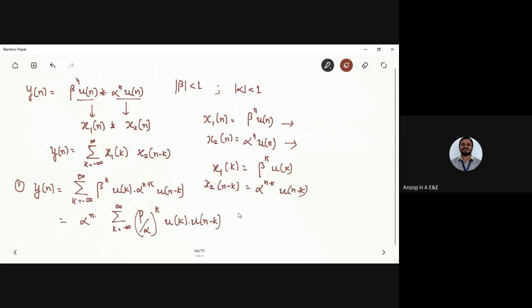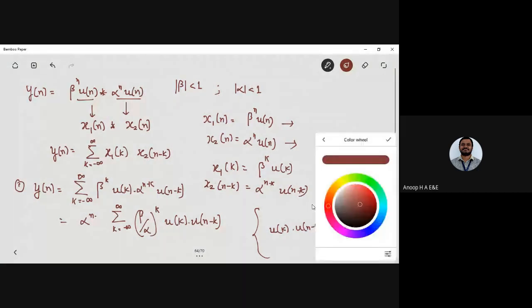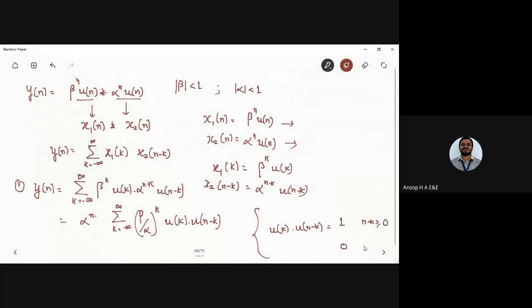Again, following the same way, u of k and u of n minus k. Let me write down the values here: u of n minus k has a value 1 when n minus k is greater than or equal to 0, and 0 otherwise.